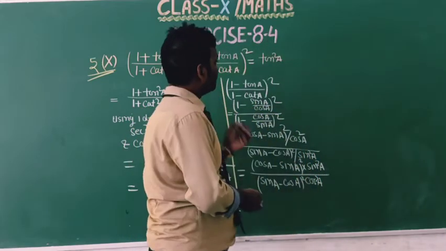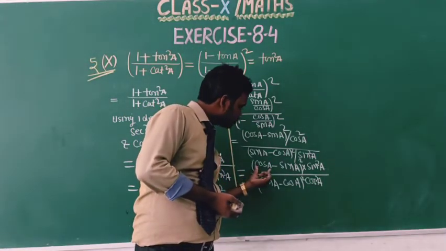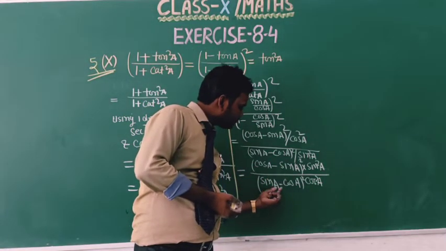Here we can note this is (cos A minus sin A) whole square, (sin A minus cos A) square.